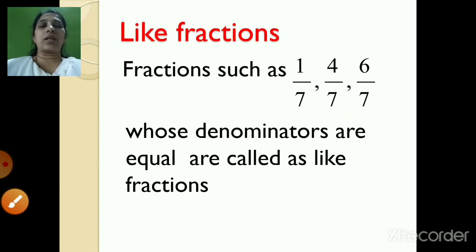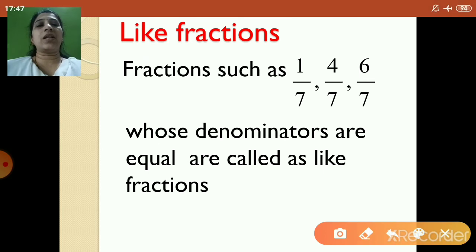We are going to see now what are like fractions. Fractions such as 1 upon 7, 4 upon 7, 6 upon 7, whose denominators are equal, are called like fractions. So what are like fractions? Whose denominators are the same.